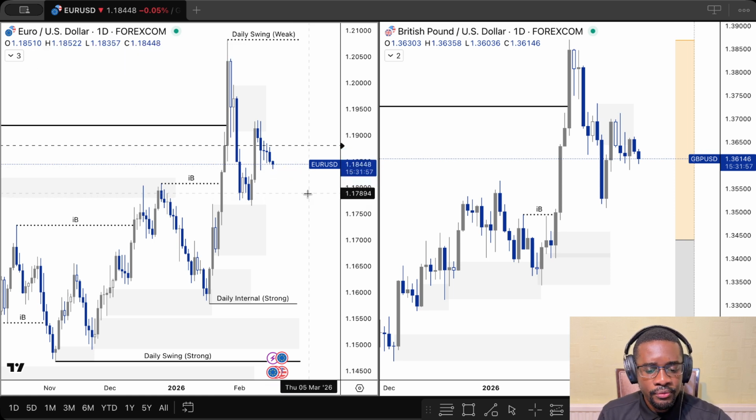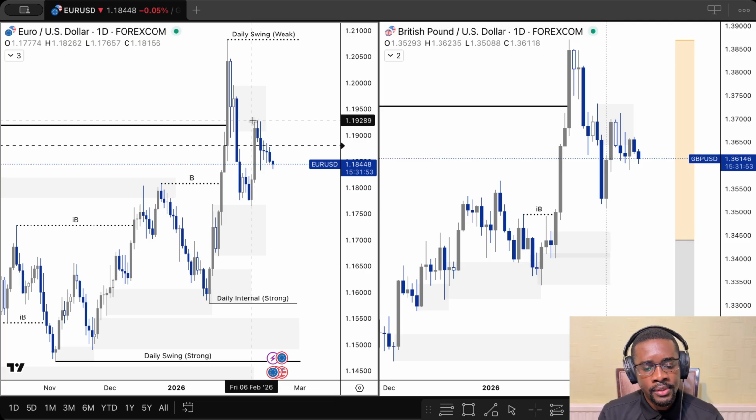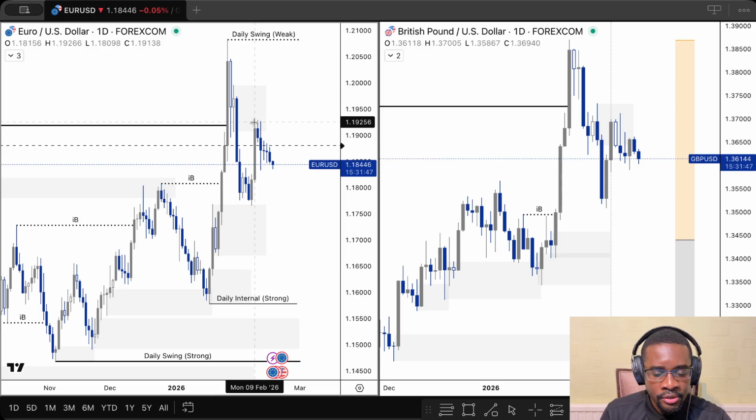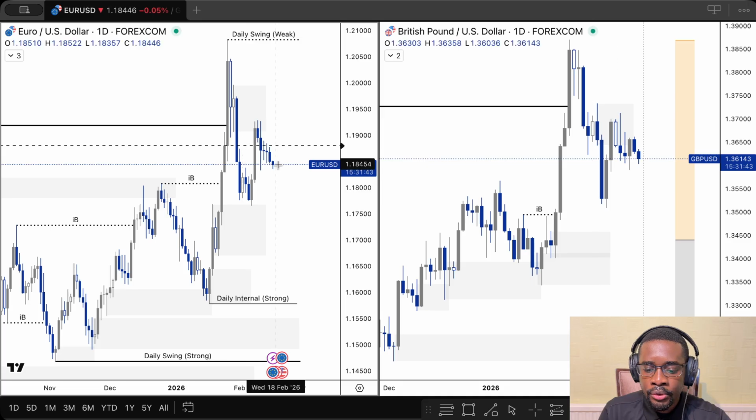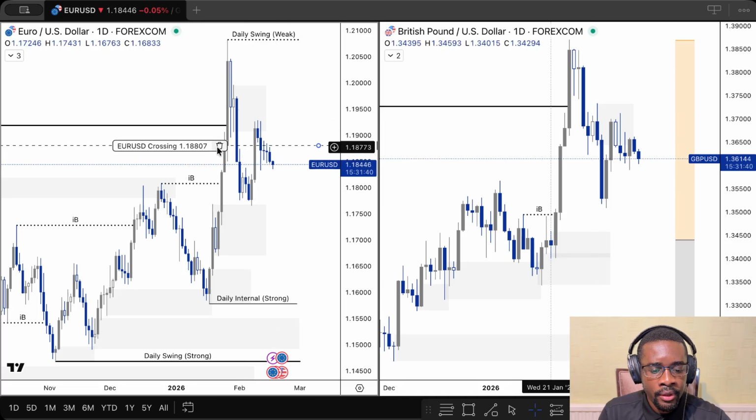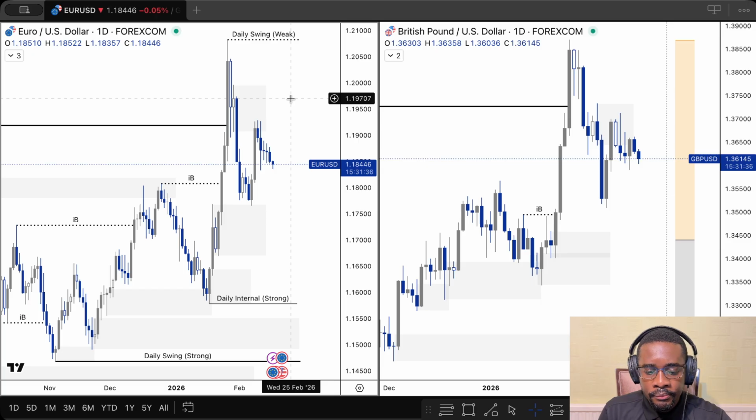In terms of the higher time frame trades right now, it doesn't look like there's much going on, because the market is pretty much ranging or moving in very tight and small ranges. So you may only be looking at getting something on the lower time frames, the 5 minute, 1 minute executions.